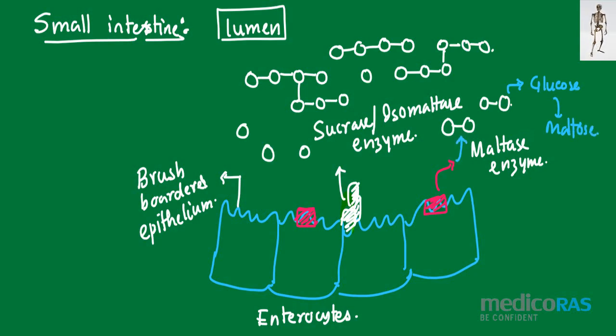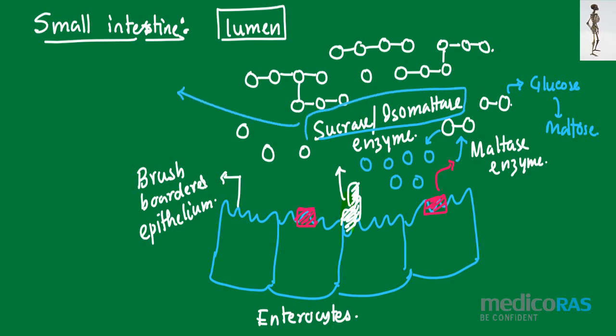This maltose can be digested by maltase enzyme, which results in the formation of individual glucose molecules. Similarly, if we see the sucrase or isomaltase enzyme, then we come to know that this is the only enzyme which can digest alpha 1,6 glycosidic bond along with alpha 1,4 glycosidic bond.